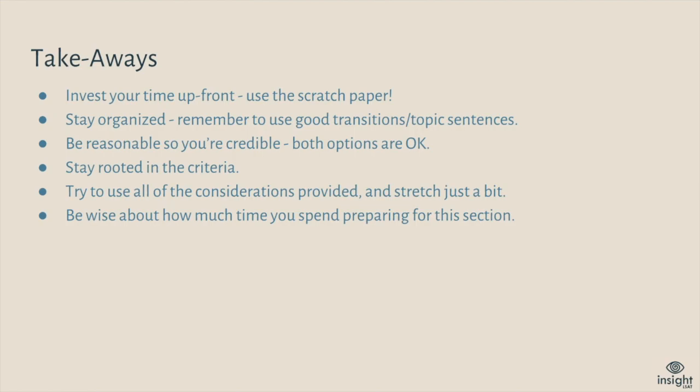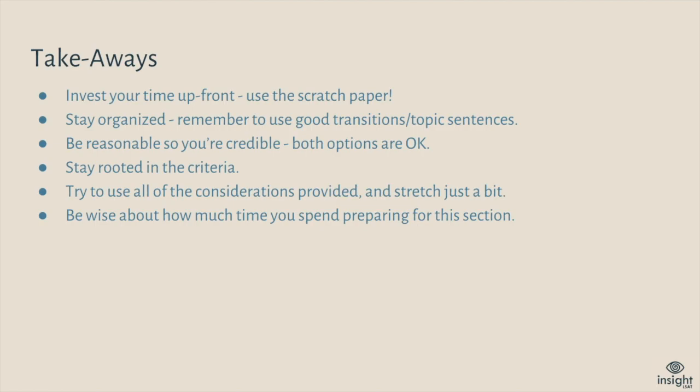And try to use all the considerations that are provided, and you can stretch a little bit, right? So in that second paragraph, I was using details from the prompt. I was talking about the conservation programs, but I stretched a little bit when I said the thing about their generation having to protect global natural resources.